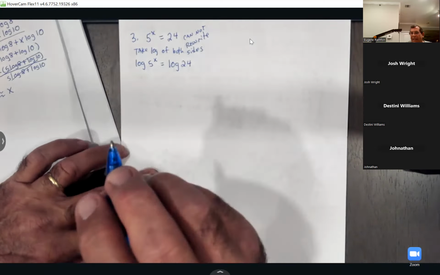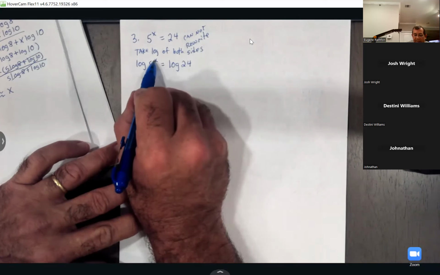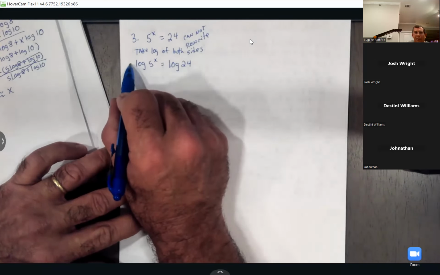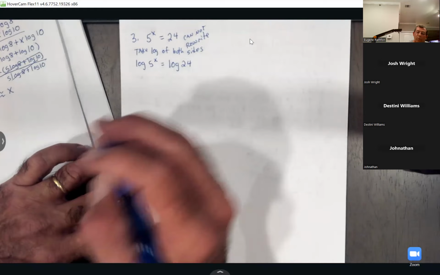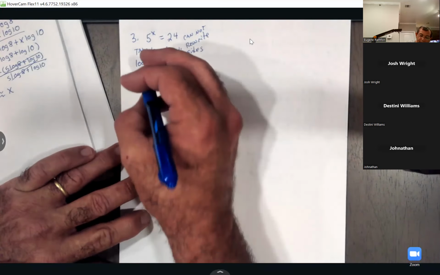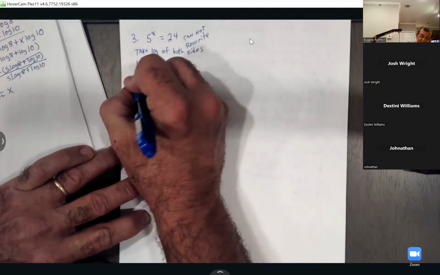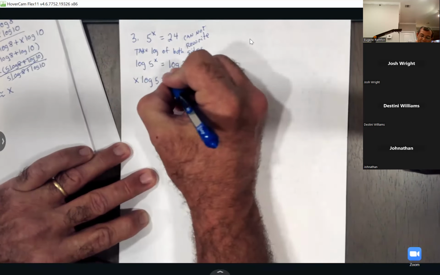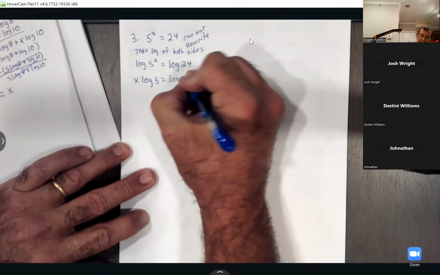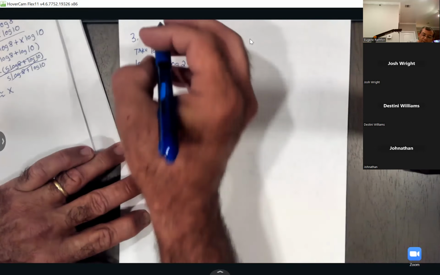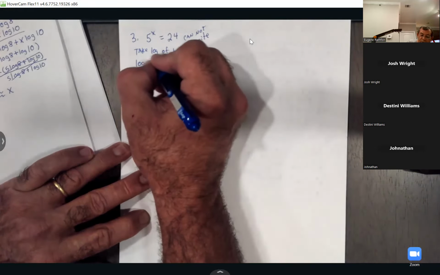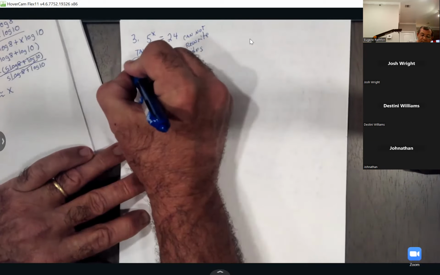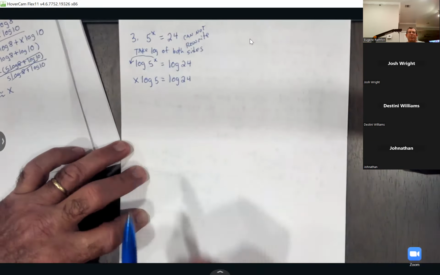Remember, this x has to come down to the front. This is where we're going to rewrite it as a product. So bring the x down and you'll get an x log 5 equals a log 24. So y'all remember, if you got a log with an exponent, we're always going to bring them exponents down to the front.